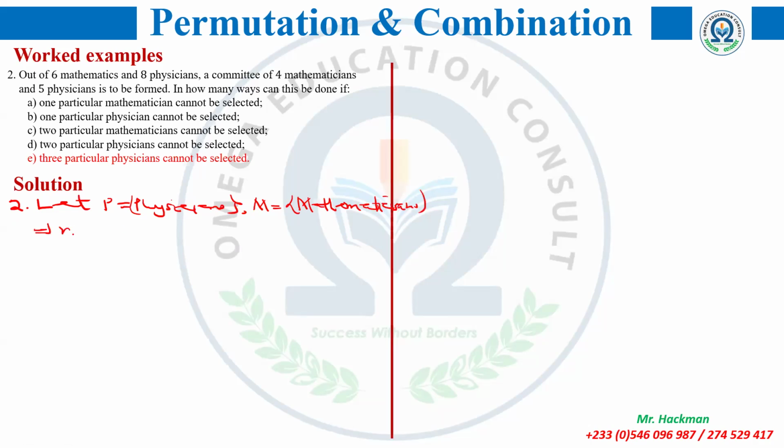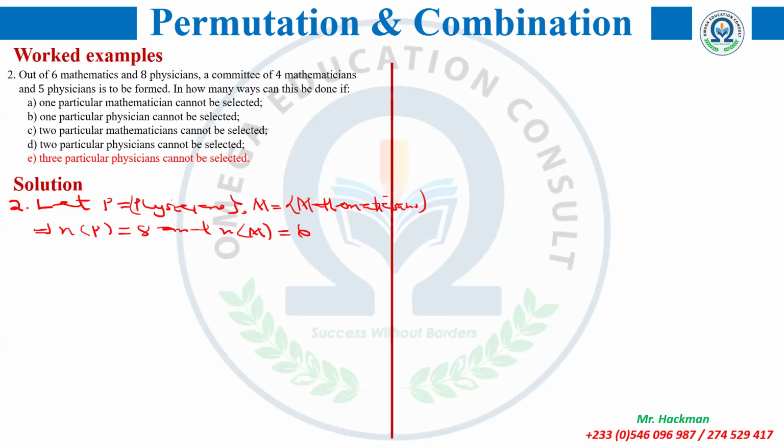This implies that the number of P is equal to 8, and the number of M is equal to 6. It's the same thing. Instead of writing number of ways, I can do this. Is that clear?